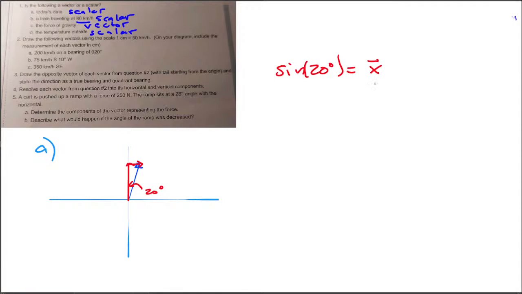Actually, let's call it x sub a, since that was a vector. Divided by the hypotenuse, which is actually the full vector. That's the one that we're given. So 200 kilometers per hour, which I'm not going to write that. So to solve for the vector, I'll just have to multiply both sides by 200.